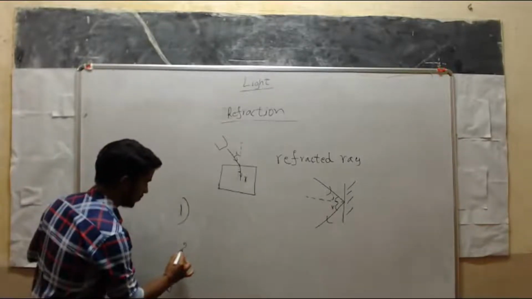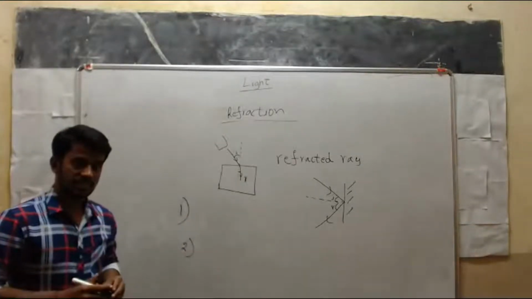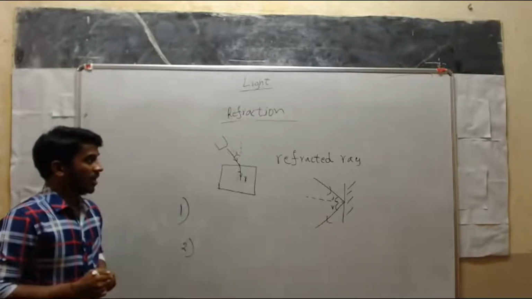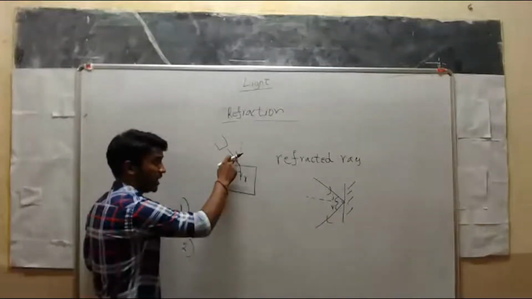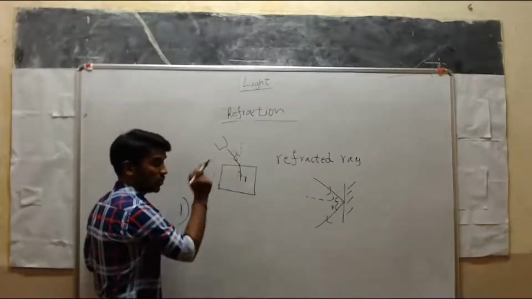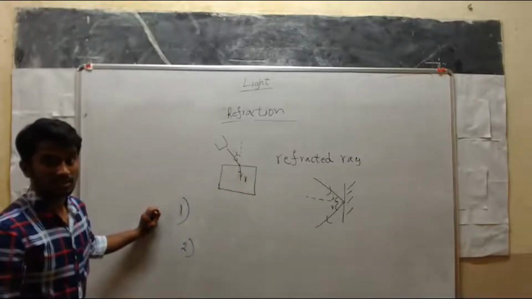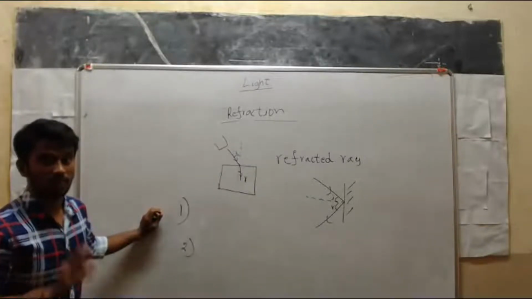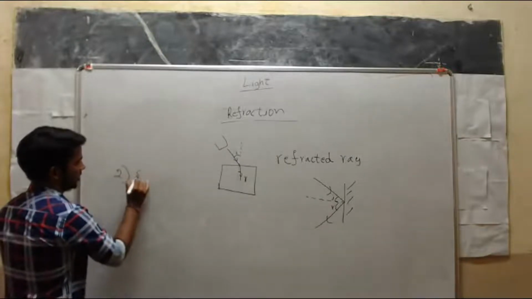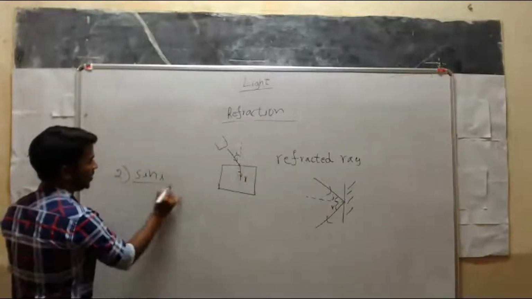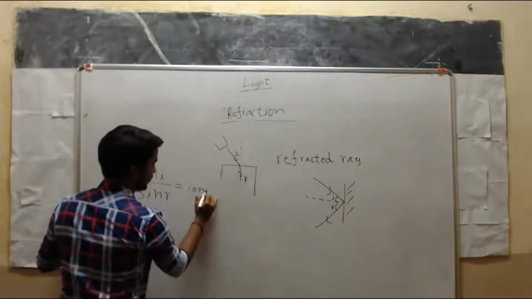Next, the second law. What is the second law? It states that the ratio of the sine of the angle of incidence to the sine of the angle of refraction is constant for a given pair of mediums. That is, you can write sin i divided by sin r equals a constant. So the ratio between the sine of angle of incidence and the sine of angle of refraction is constant for a given pair of mediums.